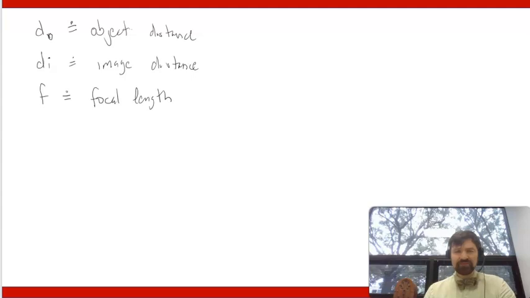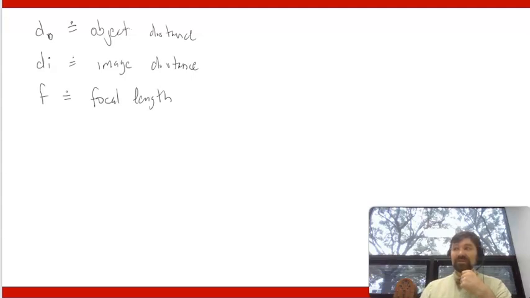So the focal length is best defined as, if you send a bunch of parallel rays through the lens, where do they come to a focus, and how far is that from the lens? By analogy, if you were to take a lens outside into bright sunlight, you can hold it up over a leaf or some paper and basically burn the leaf, burn the paper, that kind of thing.